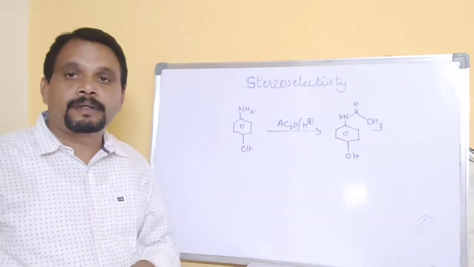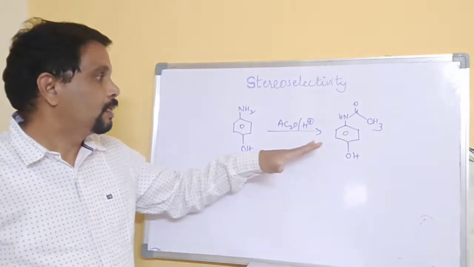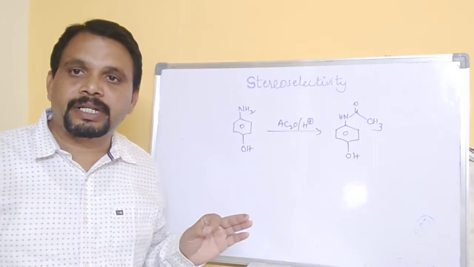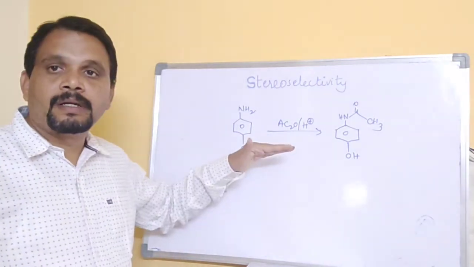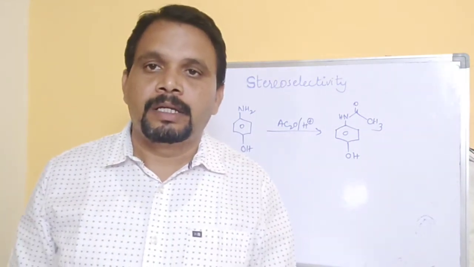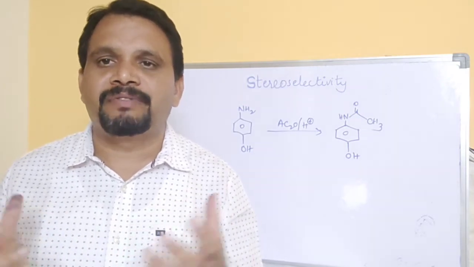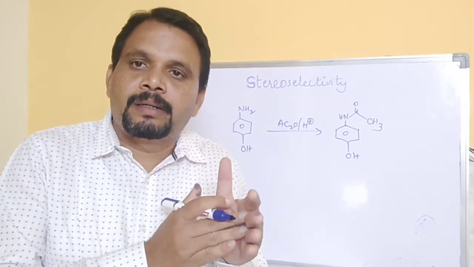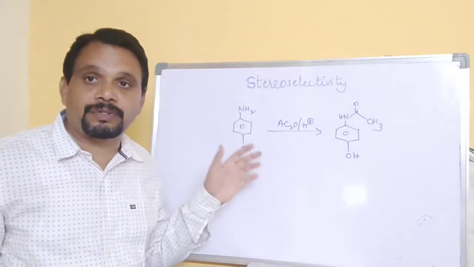So this reaction comes under a chemoselective reaction. Chemoselectivity concerns different functional groups. Whichever is the more reactive functional group, the reagent preferably reacts with that one first. So that is about chemoselectivity.